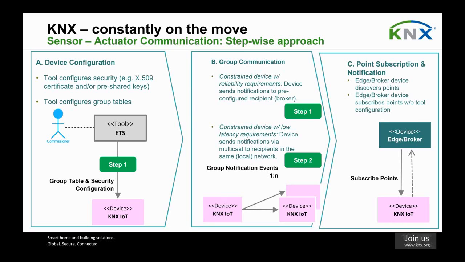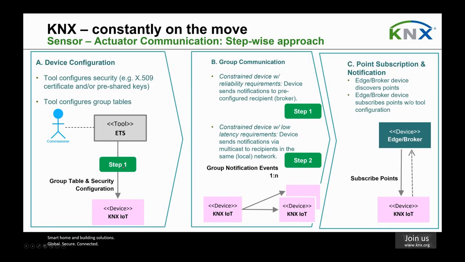We want to have a two-step approach. The first step, as regards configuration, is that we want to make sure that the ETS in some future version is able to configure the security of such a KNX IoT device.